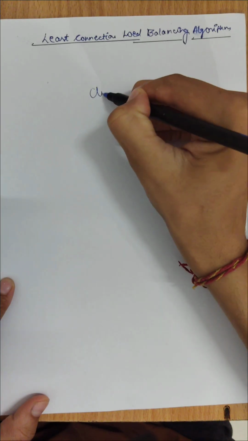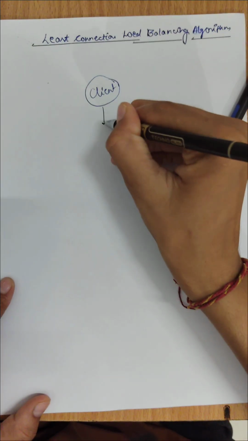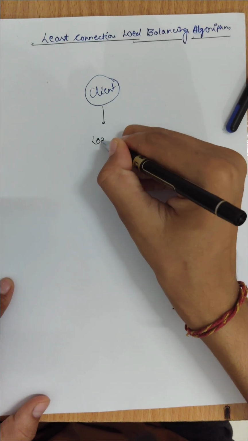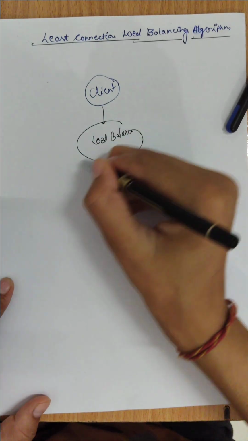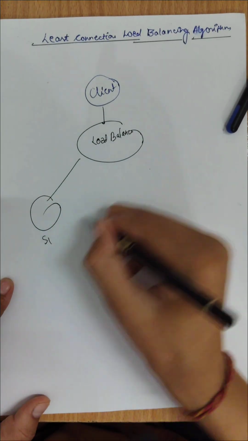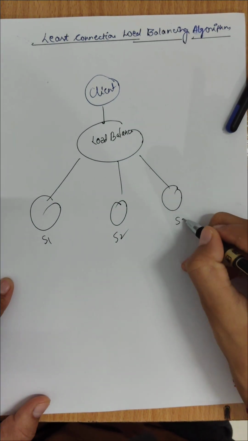So I think you did not understand, so let's deep dive into this. Let's say we have a client, and let's say we are using a load balancer, and using server 1, server 2, server 3.